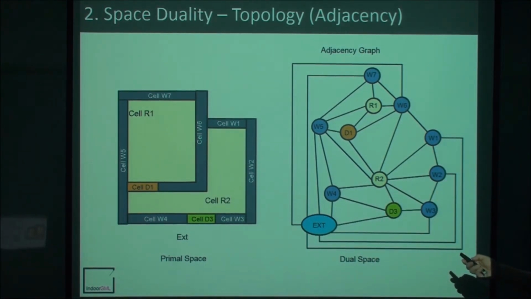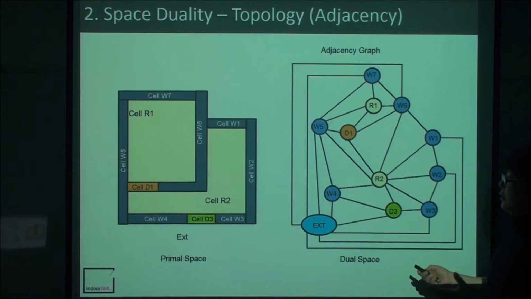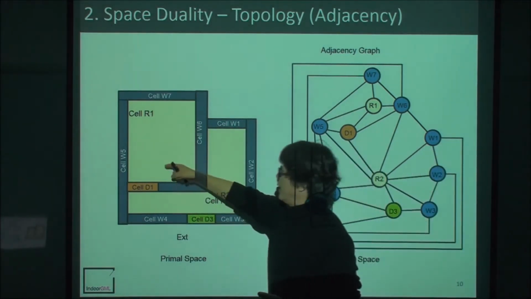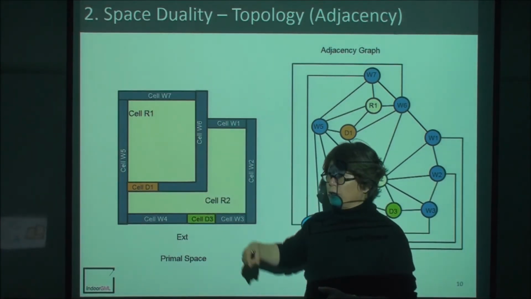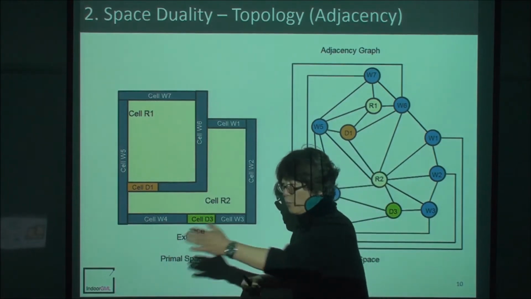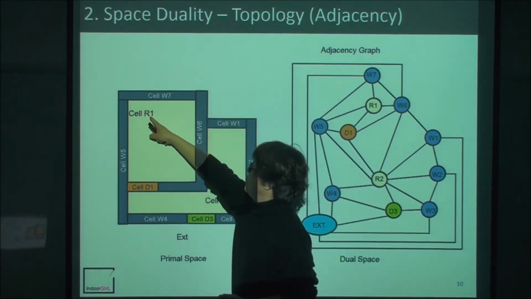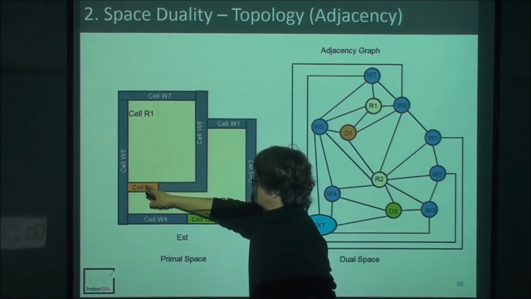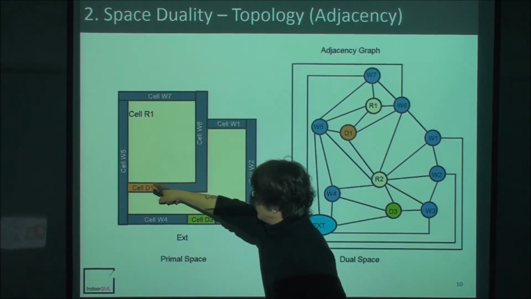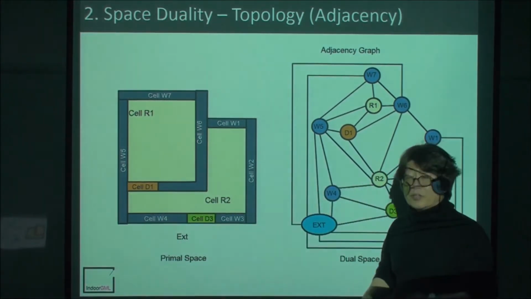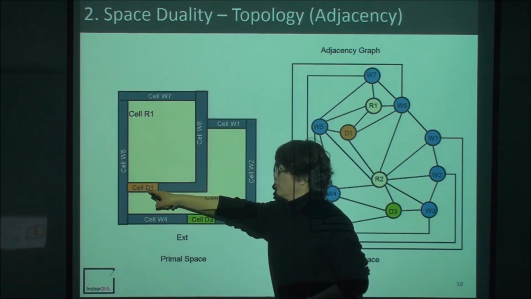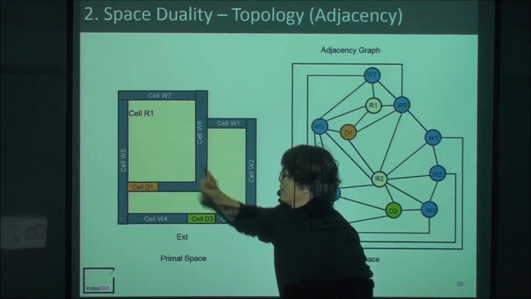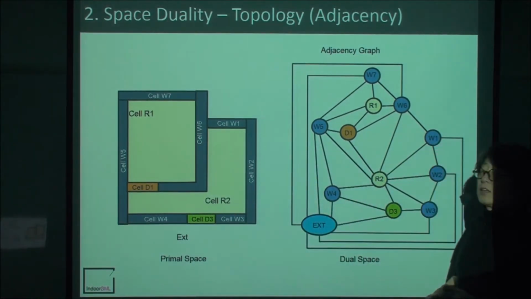And if we are only interested in the connectivity, meaning the relationship between two cells where we can pass through, for example, we can go from R1 to D1. So this edge is a connection. It explains the relationship between D1 and R1 as connectivity.